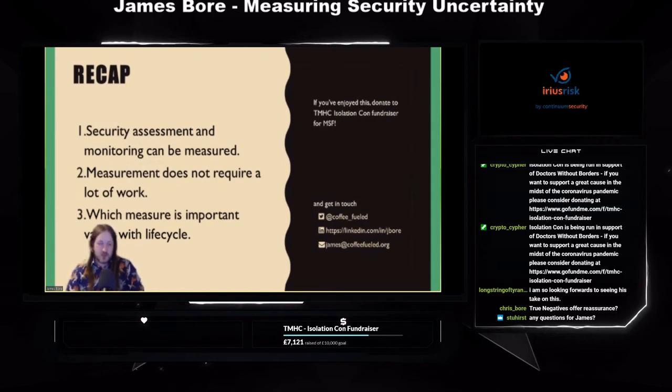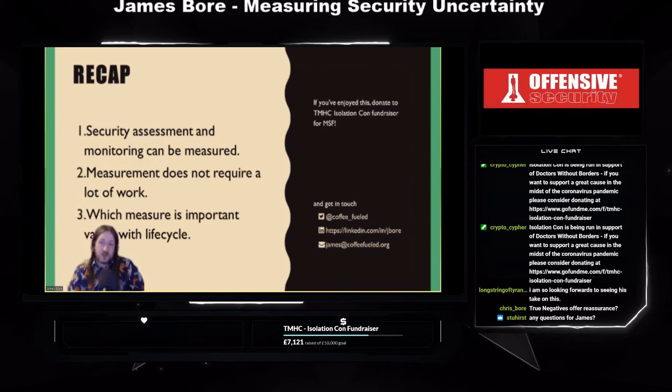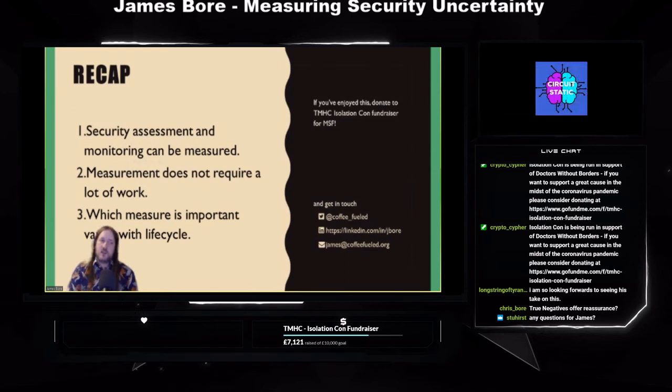And the measurement, other than getting that initial sample, doesn't require a lot of work. It's quite easy. If you've got that sample, if you've run the tests over it, the maths is simple. You can get the numbers out. And once you've got the numbers out, you know which measure is important at each stage of the life cycle. You're going to be using different tools at different stages anyway. So you're going to be using threat modeling early on.